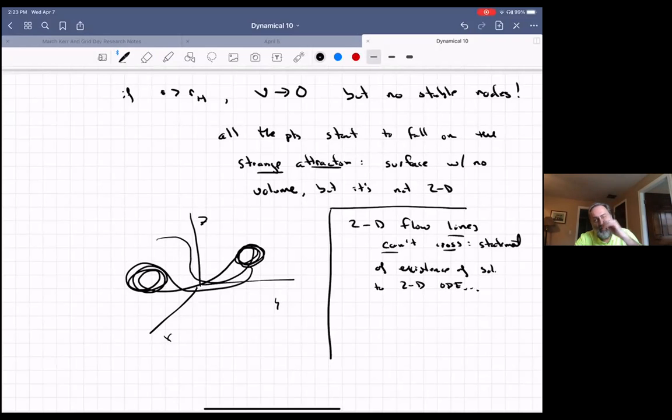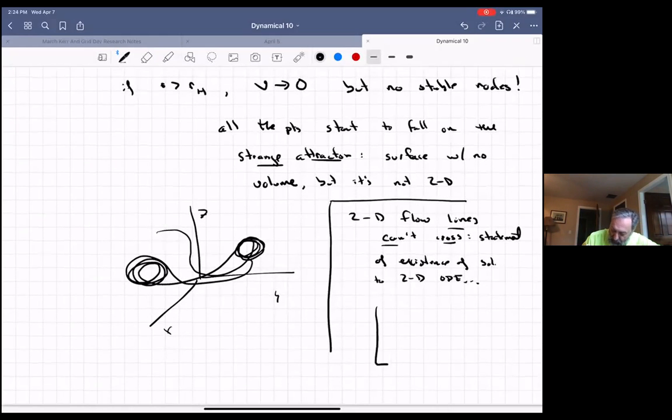So if you're constrained to the plane of the page, and you go over this way and you start to circle back, you can't run back into your flow line that you were on, because if you did, you would be at the same physical place going in 2 different directions, and then you wouldn't have uniqueness in your differential equation solution.